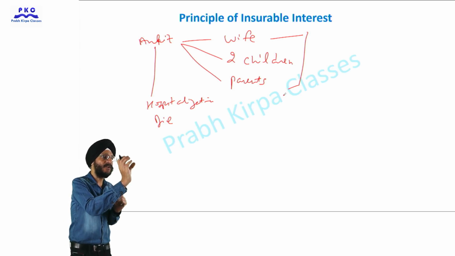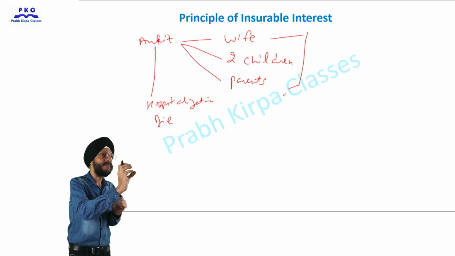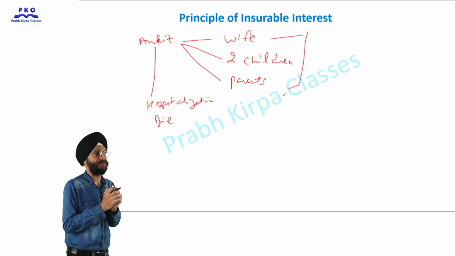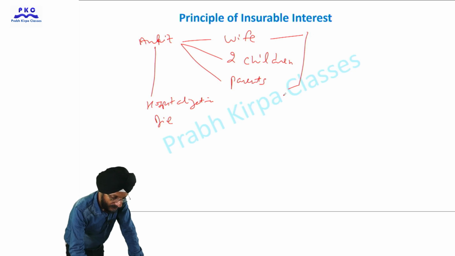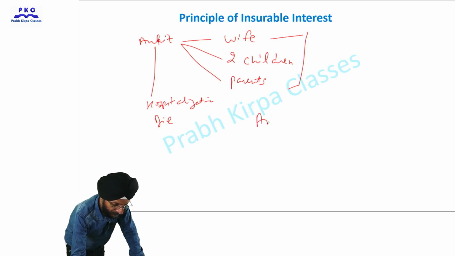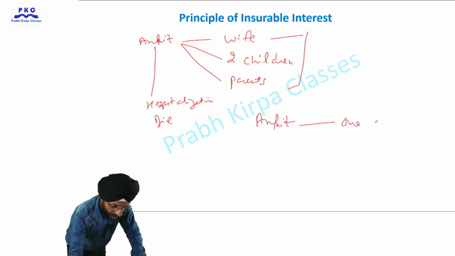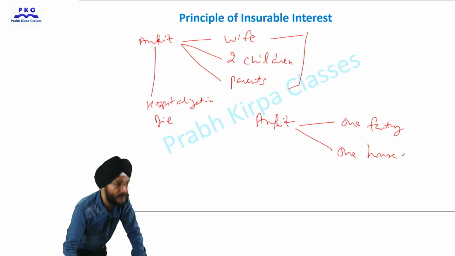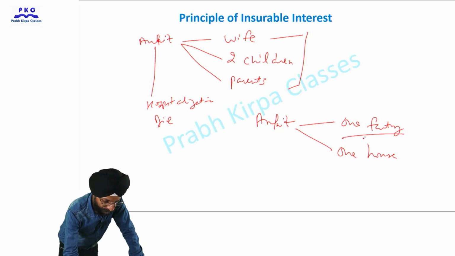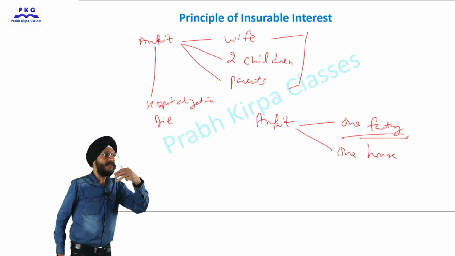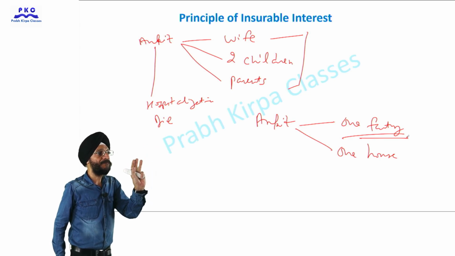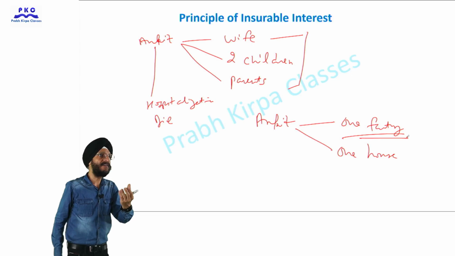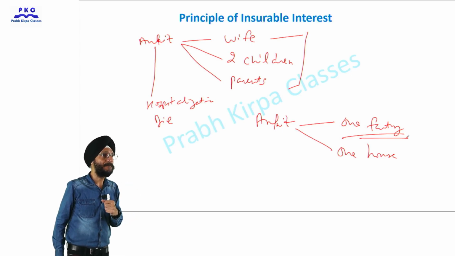Insurable interest is one of the preconditions for getting insurance. It may also be possible that Ankit has one factory, or he has one house. If the factory is working properly, naturally he will get income from that.